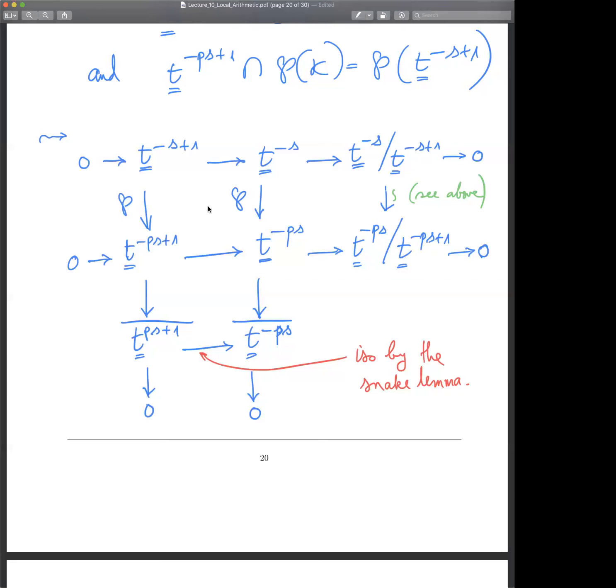So let's look at what is happening. You have this diagram, and you have these co-kernels here, and this here we have seen is an isomorphism.